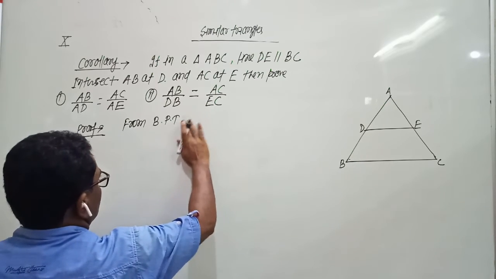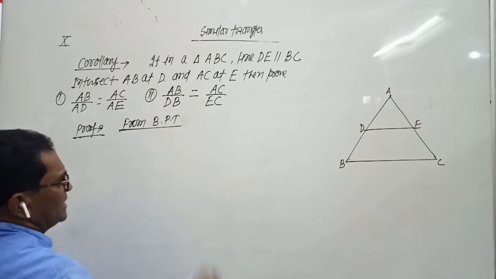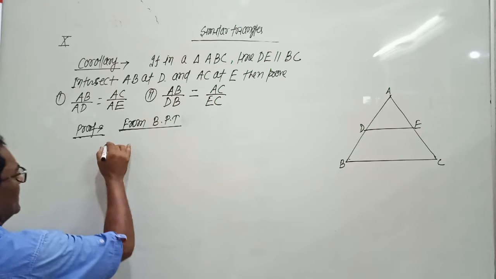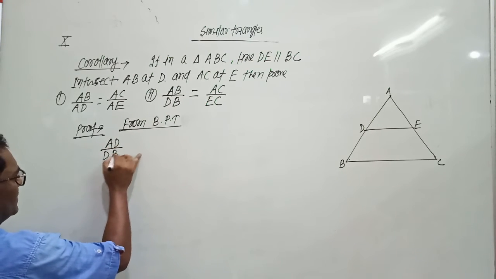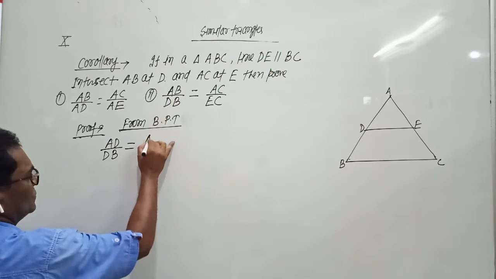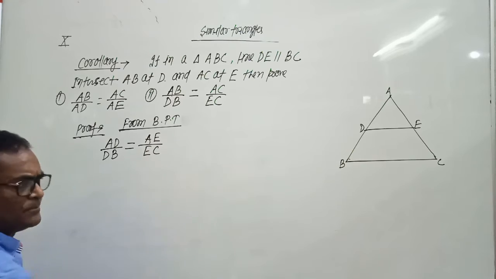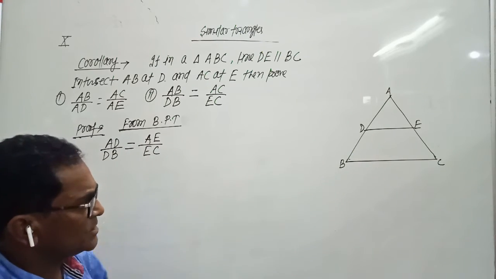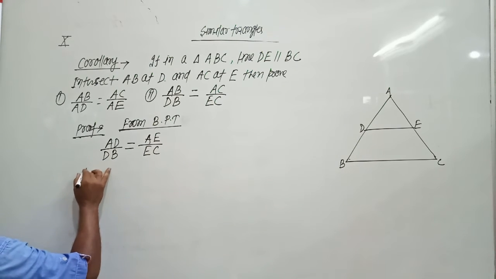From BPT, we have proved that in triangle ABC, if DE is parallel to BC, then AD upon DB is equal to AE upon EC. Now make it reciprocal.